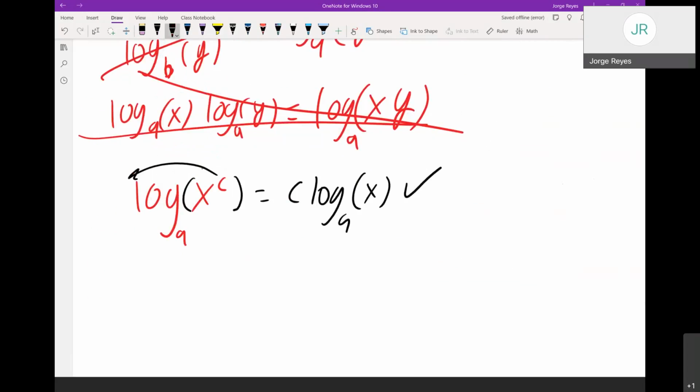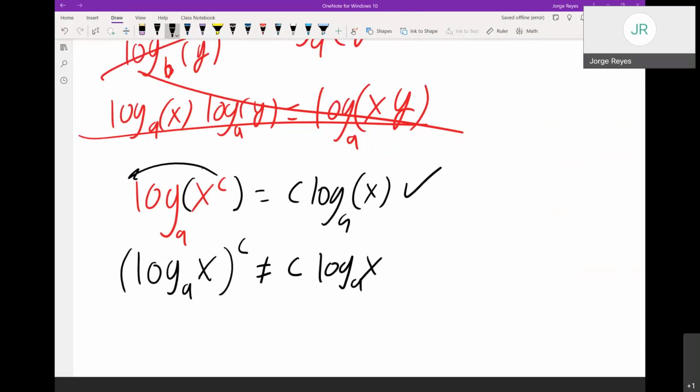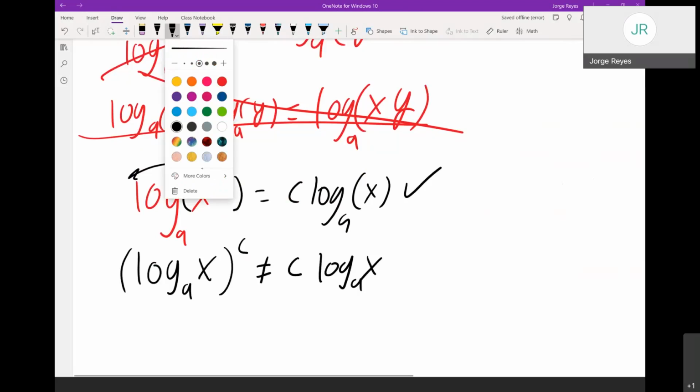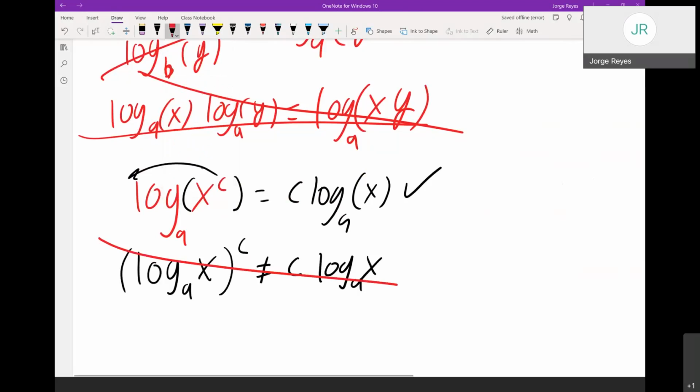This is okay. The problem is sometimes we actually mean this. So you need those parentheses. The parentheses are really important because this is not equal to this. This one is super wrong. So be very careful with the powers and the parentheses.